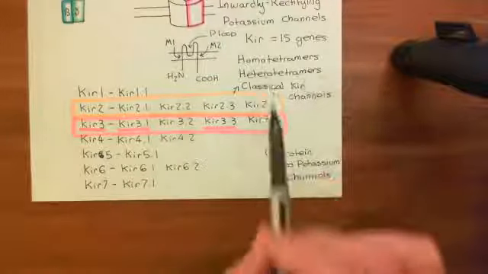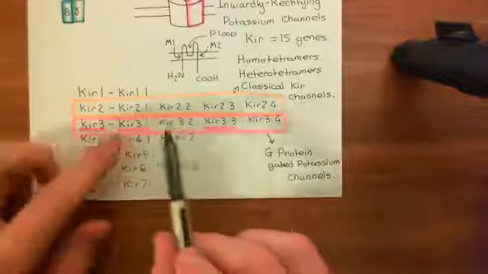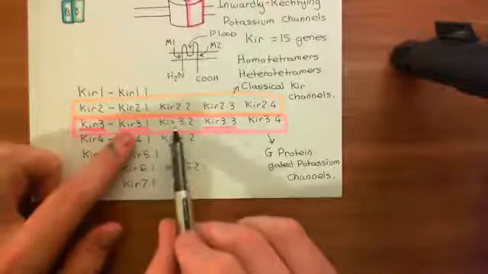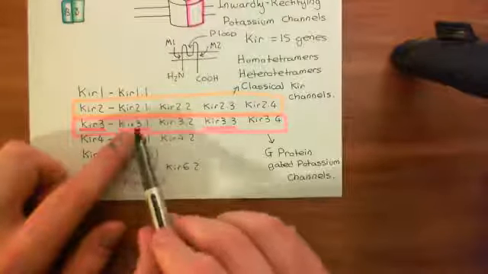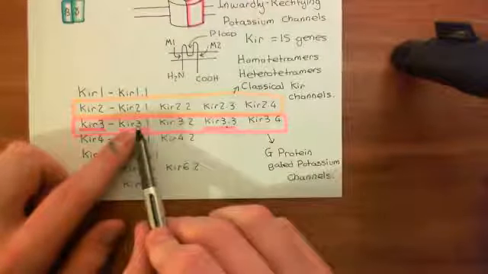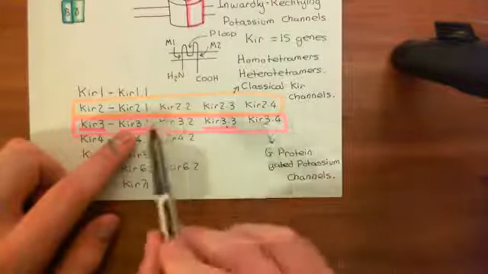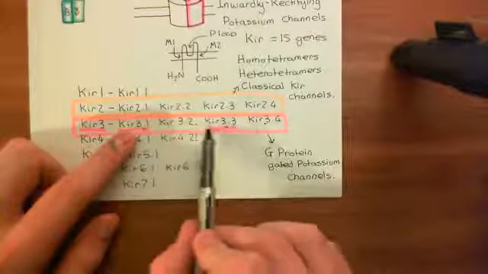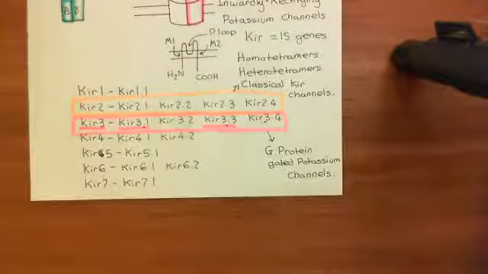The main 3 G protein gated potassium channels that are actually found are KIR 3.1, KIR 3.2 heterotetramers, KIR 3.1 and KIR 3.3 heterotetramers, and KIR 3.1, KIR 3.4 heterotetramers, i.e. you mix KIR 3.1 with all of the other 3, and those are the 3 main heterotetramers that you find within the family of G protein gated potassium channels.